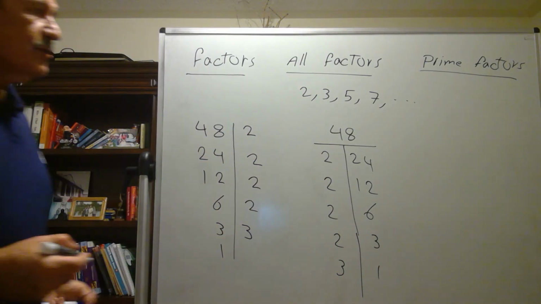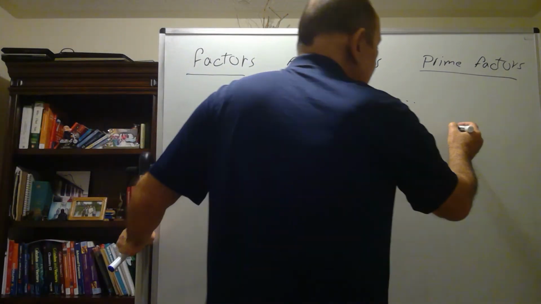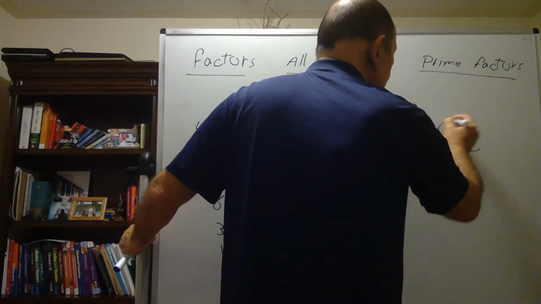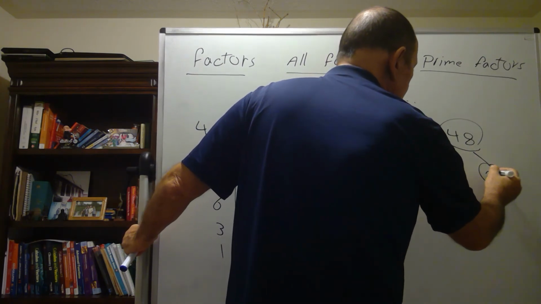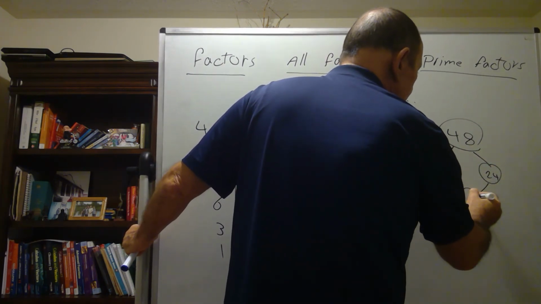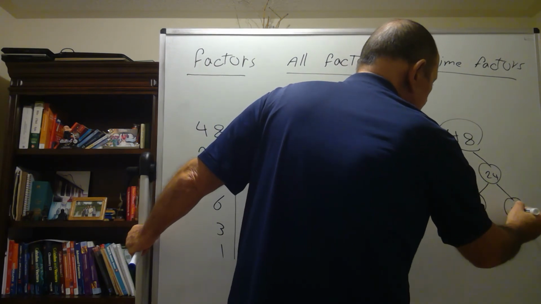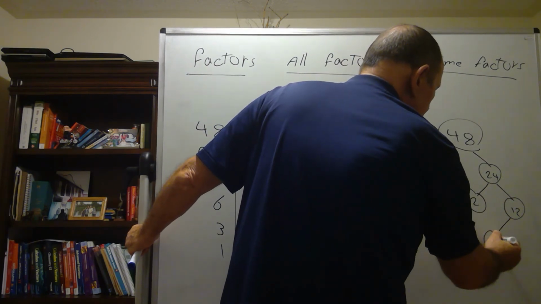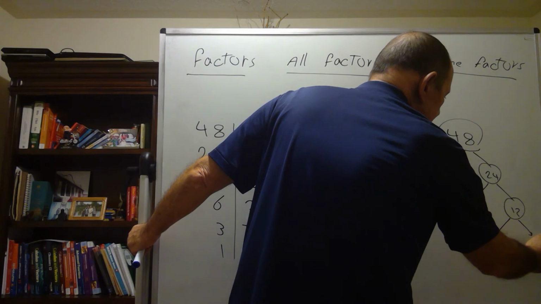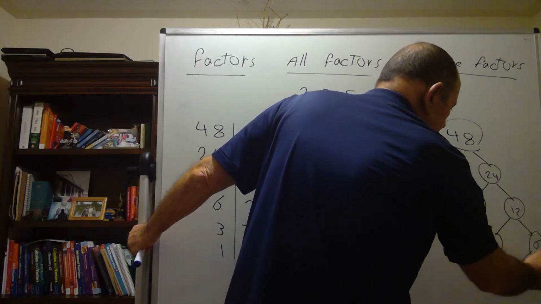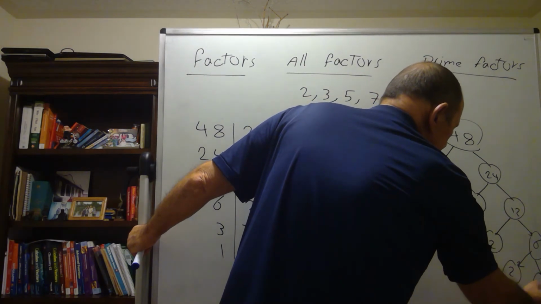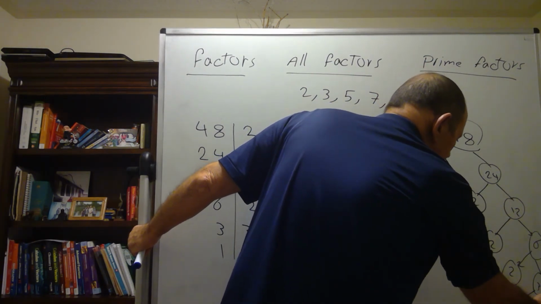Or sometimes they show it in this way: 48 divided by 2 is 24, divided by 2 is 12, divided by 2 is 6, divided by 2 is 3, and divided by 3 is 1.